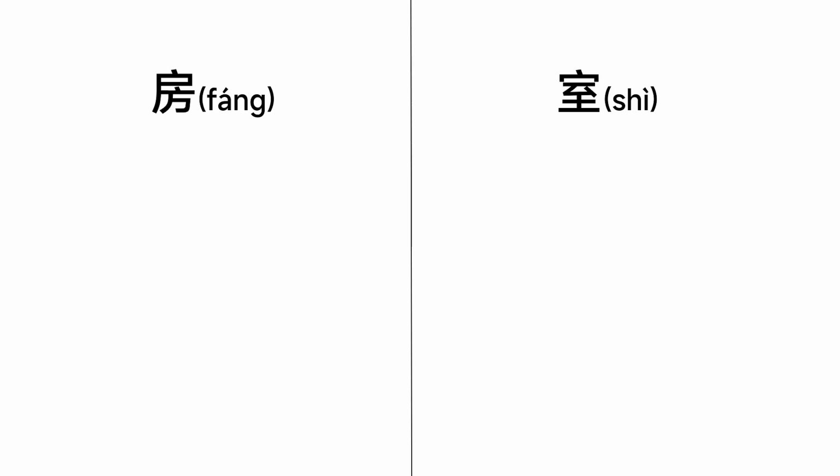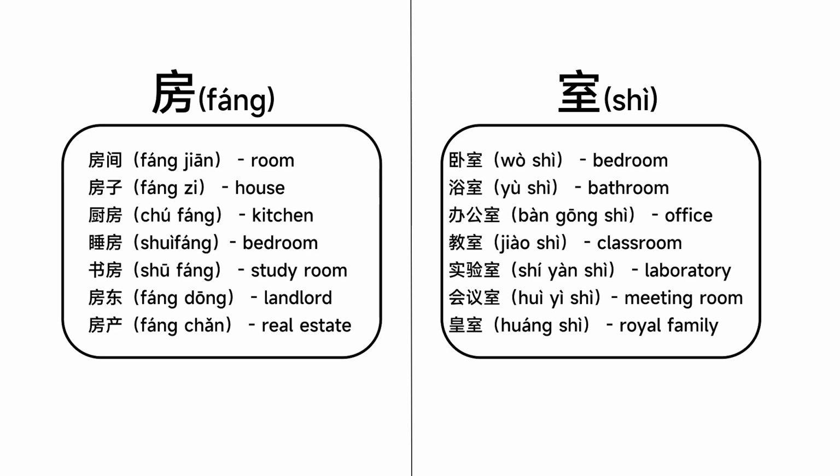So that's why people created different words to describe different rooms. But in modern Chinese, 房 and 室 are basically the same. They're just being used in different words. And here is a list of different words that come with 房 and 室. But just to remind you, 房 and 室 are not always replaceable. Sometimes they can replace each other, but in many cases, they can't.